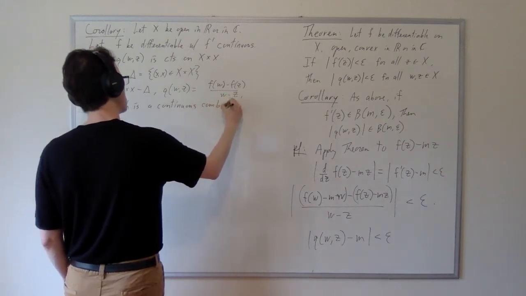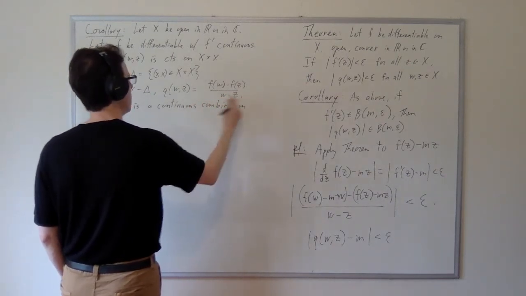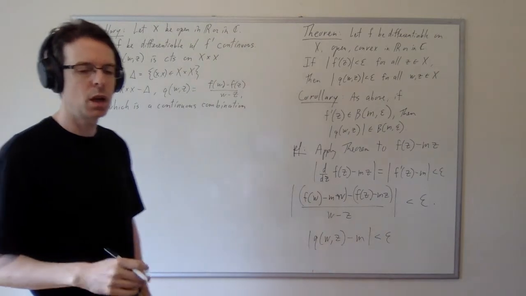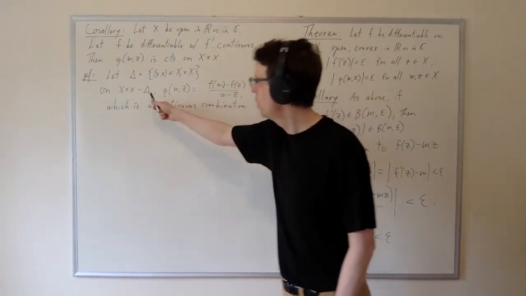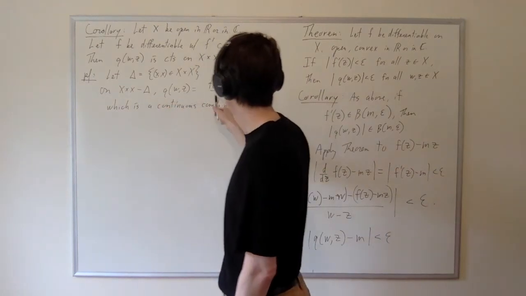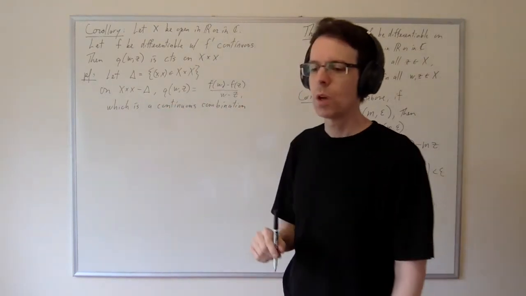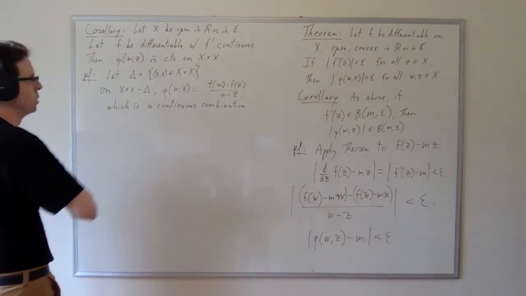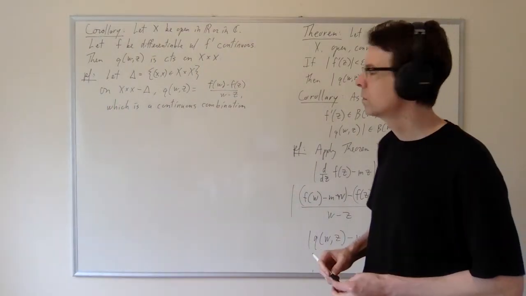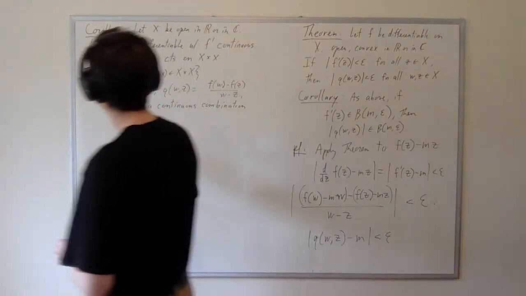The numerator is just a difference of two continuous functions, and the denominator is a continuous and non-zero function. Why is it non-zero? It's non-zero because if we take away the diagonal, then this thing cannot be zero. So this is a continuous function of two variables, except possibly at the diagonal.